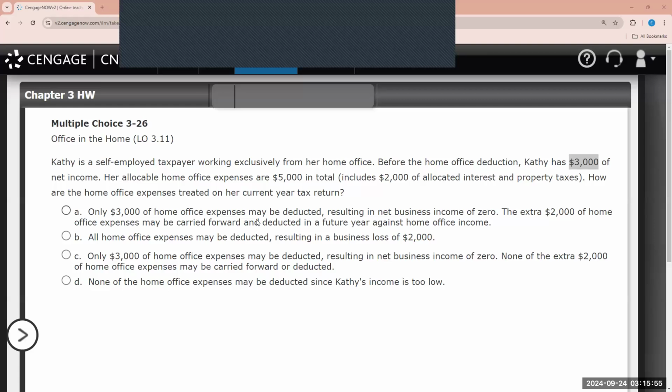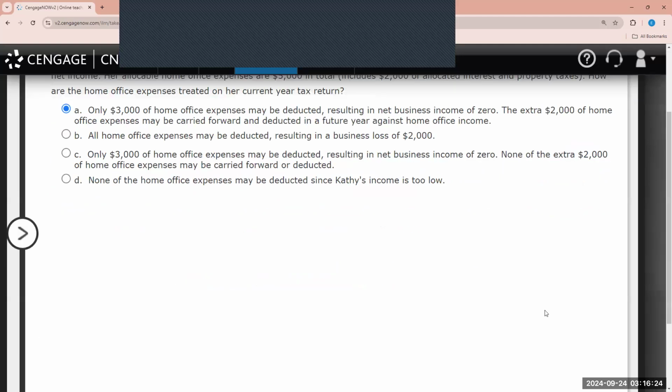So the first sentence is correct, but the second sentence is incorrect because the extra $2,000, you don't lose it, it carries forward. And then D, none of the home office expenses may be deducted since Kathy's income is low. And that's incorrect. So the correct answer is A. She can claim $3,000 of home office expenses, and the $2,000 that was not used this year would carry forward to future years.